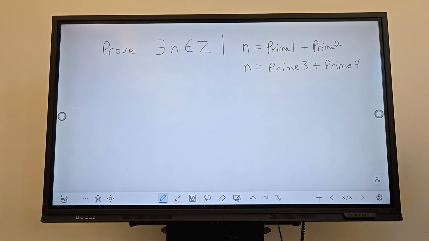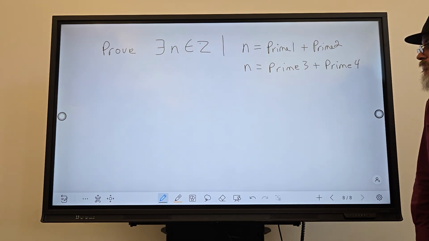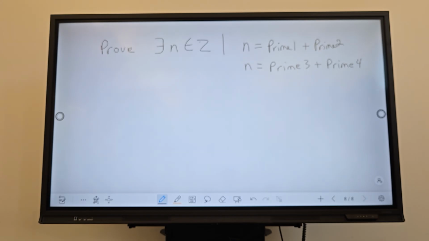Well, the easiest way to do it would be to find one. So just experiment around with different prime numbers and see what works.